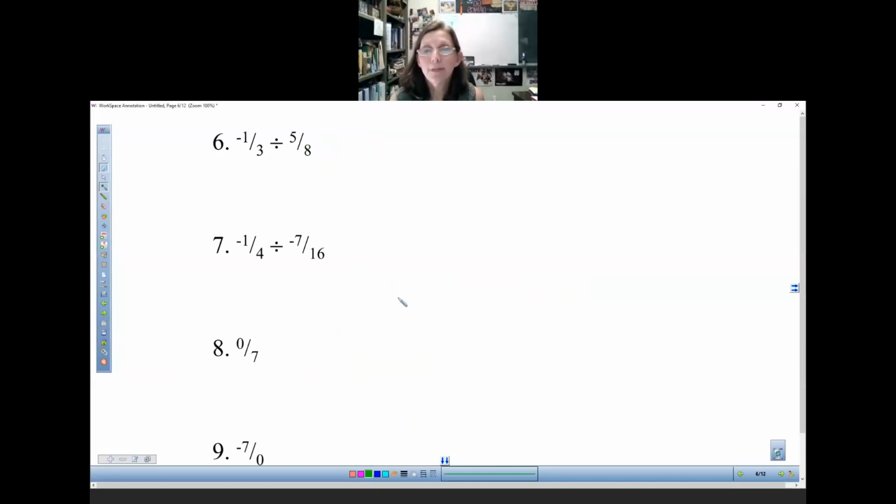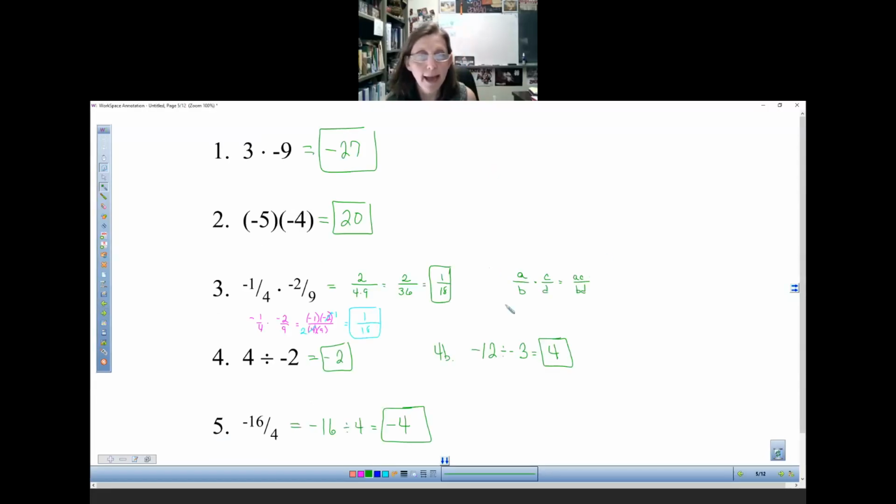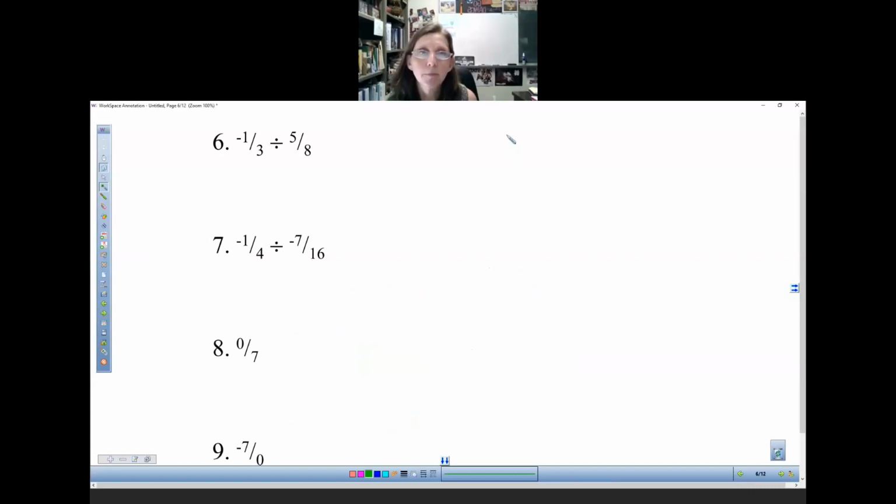Now, division of fractions. Multiplication of fractions, real quick, go back, looks like this. Division of fractions, you probably learned at some point in time, keep, change, flip. KCF. So we keep the first part.